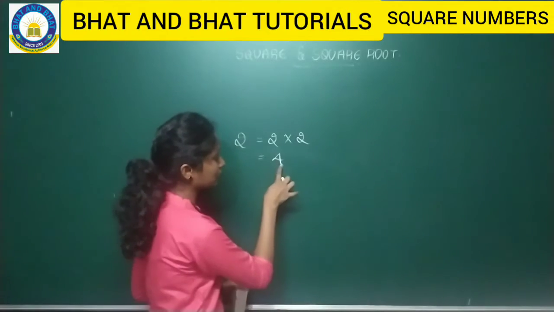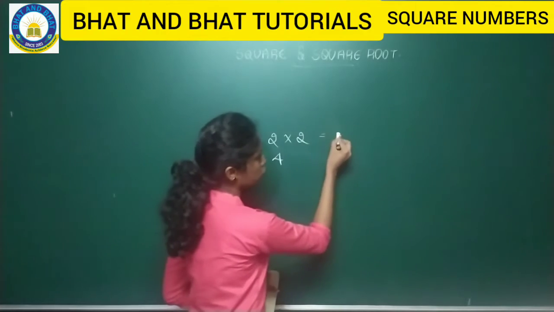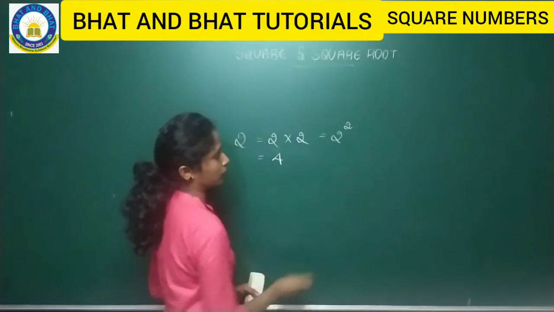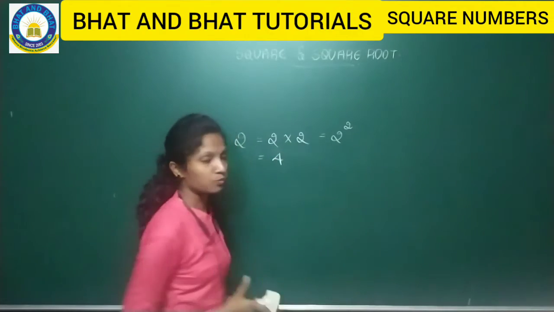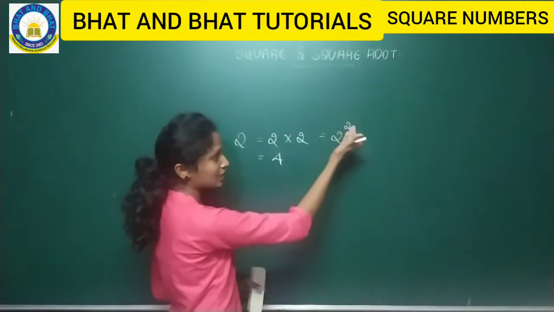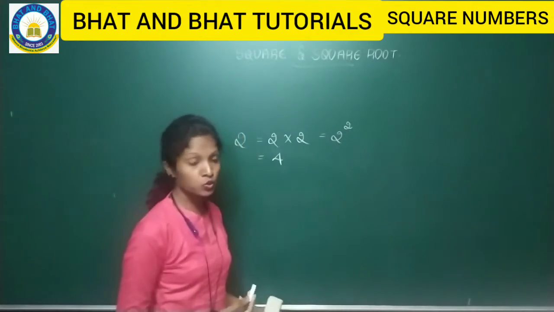Correct? That is nothing but the square of the number. So this can also be written as 2 square because 2 is there twice. If it was 3 times, at that time you would have called it cube. Since it is 2 times, we write it as 2 square.